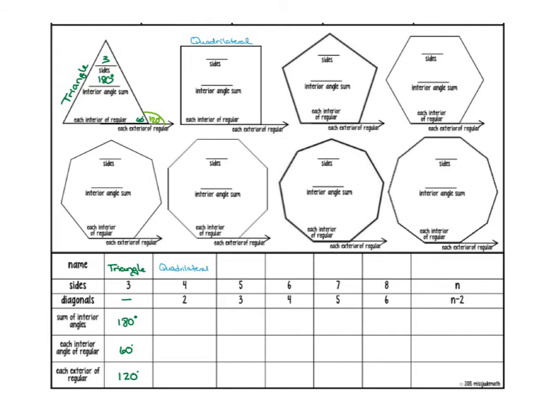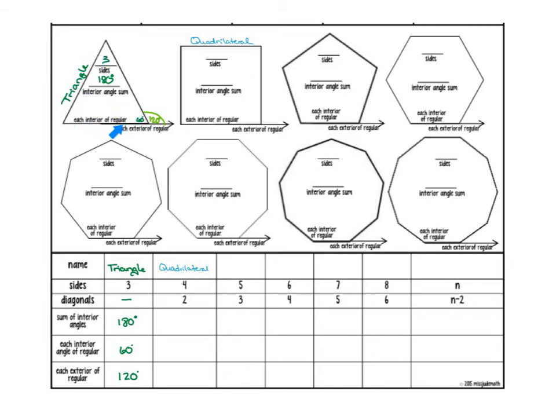In a triangle, we have three sides, and the sum of all of the interior angles would be 180 degrees. If it is a regular polygon, meaning all the sides are congruent, then all the angles are also congruent.